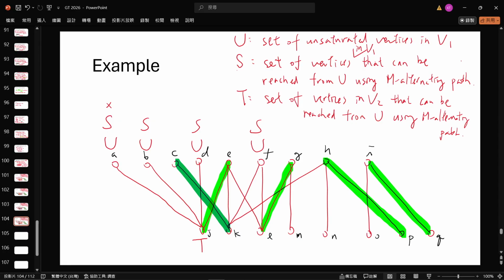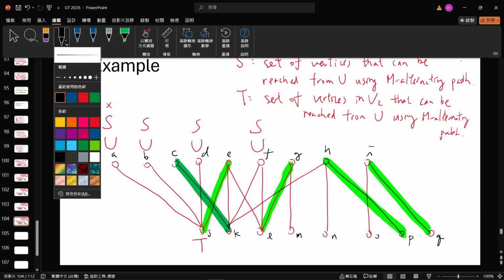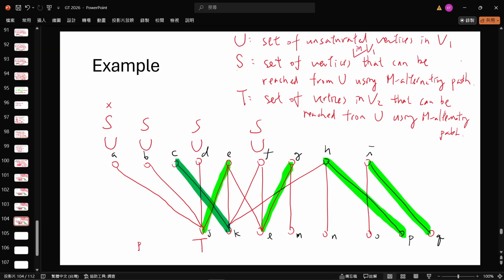So in the first one, we use this edge to reach this vertex, J. So the parent of J will be A.